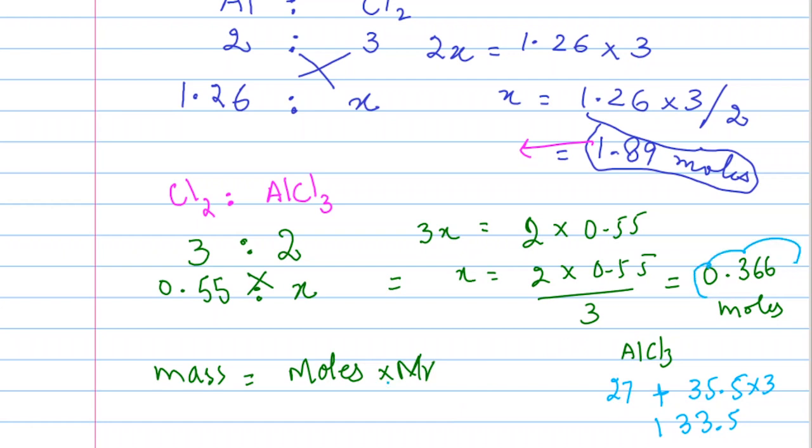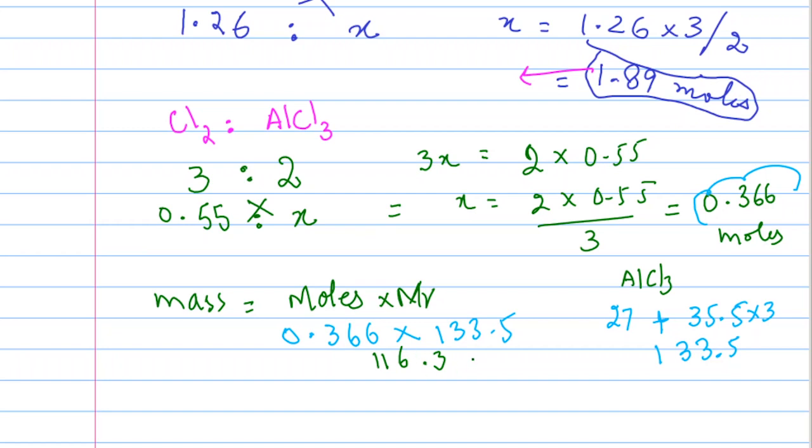These are our moles of aluminium chloride: 0.366 moles multiplied by the molecular mass, 133.5. We multiply 0.366 by it, and the answer is 116.3 gram.